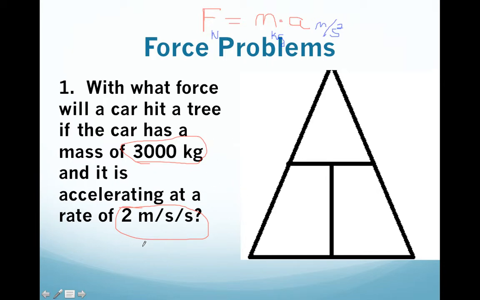Using this formula, I'm going to set up the triangle. Remember, side by side you multiply. So mass goes here, acceleration goes here, and by default that leaves the force on top.